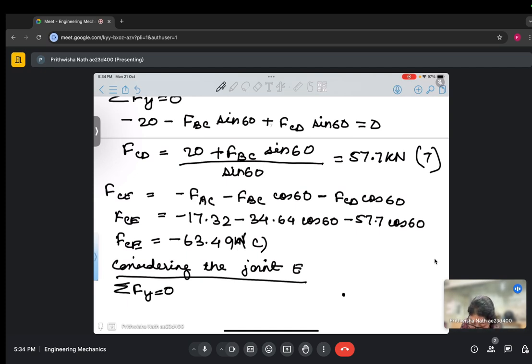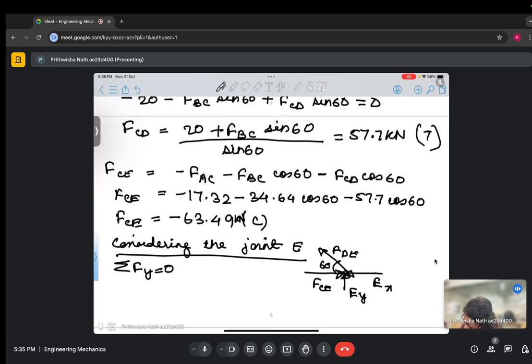So I'll draw this joint. EY, this is EX, this is CE. CE is in compression, so I'll draw it like this. And this is DE, which we need to find out. Let this be in tension. And this is 60 degree.